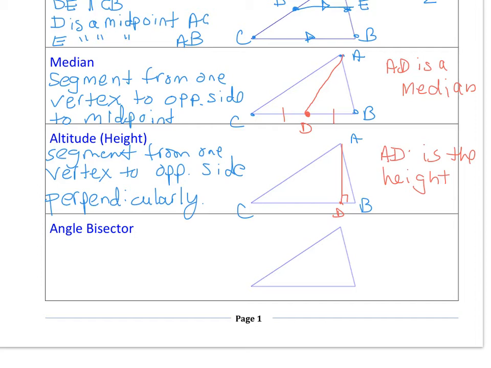Angle bisector. Angle bisector, of course, bisects an angle, cuts an angle into two equal halves. So if we take this same triangle we've been using all along, and I've got this angle here, I want to look at how can I cut this angle here into two equal halves?